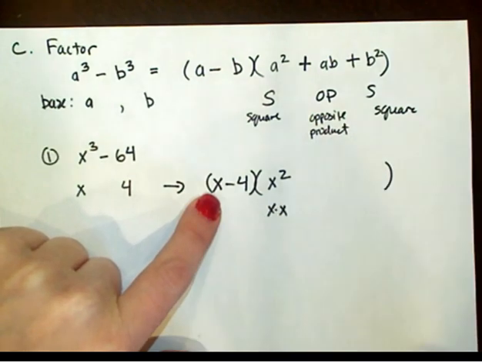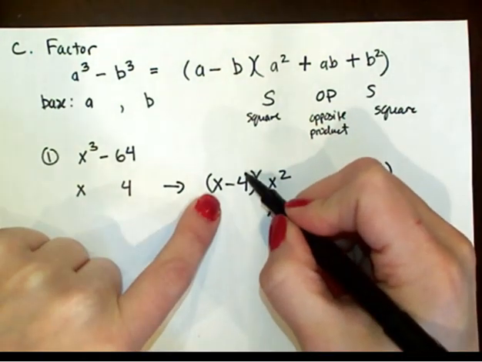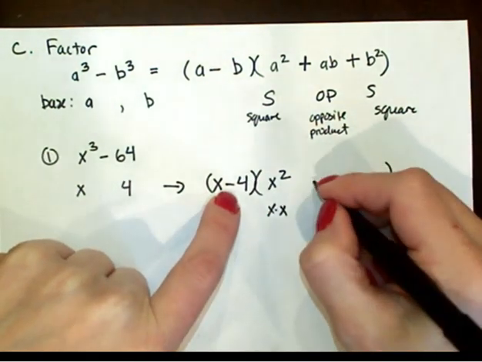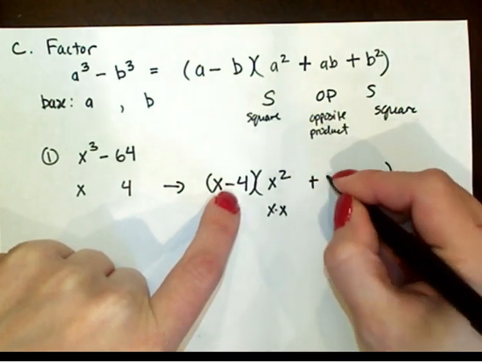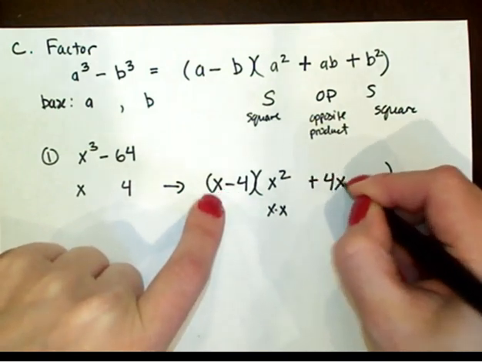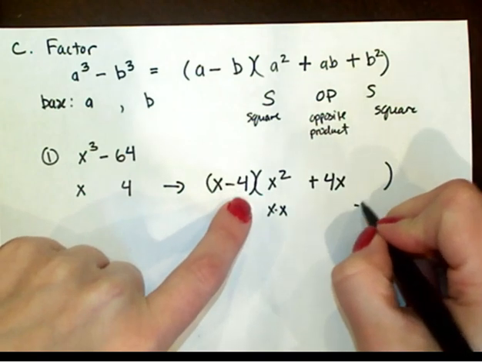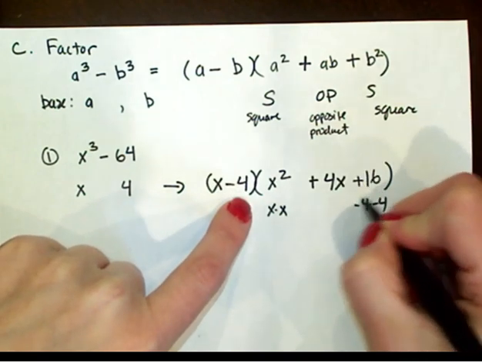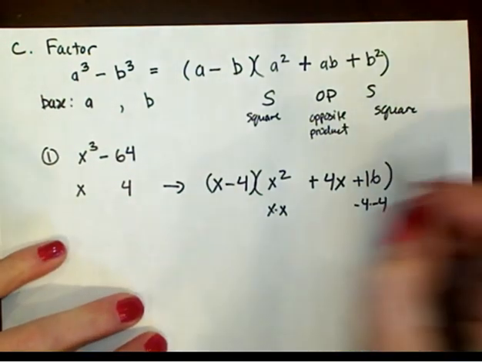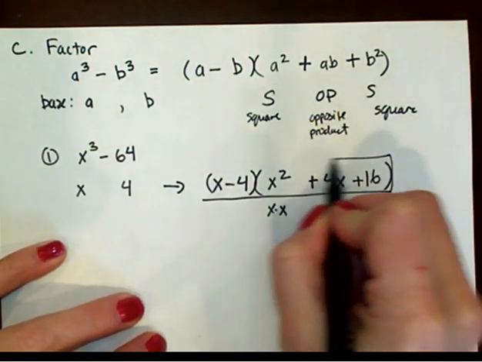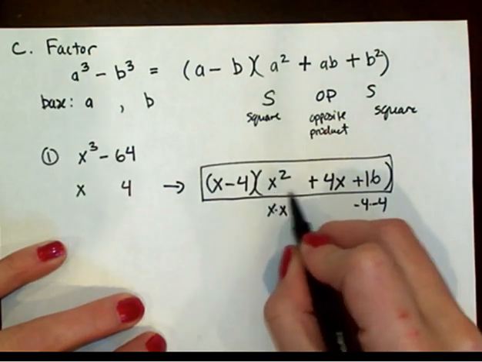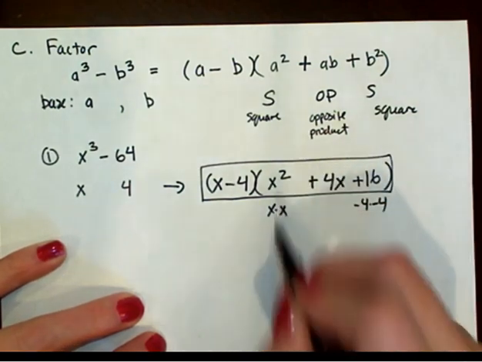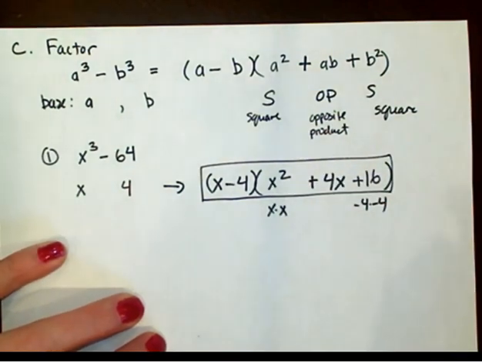X times x. Multiply opposite sign. Plus 4 times x. Square the last number. Even if you consider the negative, negative times negative will be positive. This is completely factored. You can try factoring this quadratic, but it will be prime every single time.